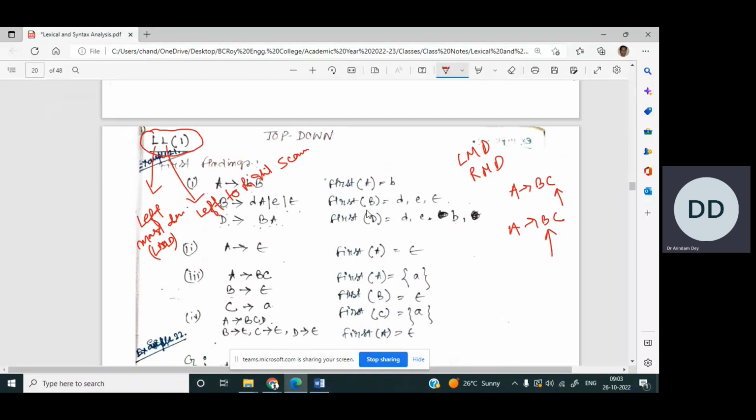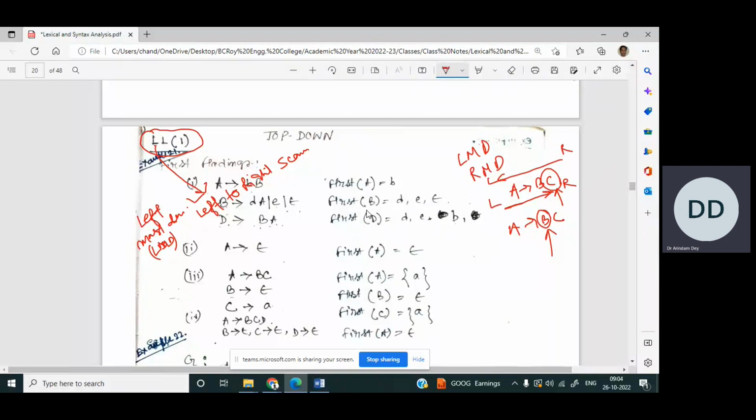The first L actually means left to right scan, and the second L is the leftmost derivation. Left to right scan means if a grammar is given and I am scanning from left to right, that is called left to right scanning. If I am scanning from right to left, that is called right to left scanning. LMD, I hope it is clear, means I am breaking the left variable. RMD means I am breaking the right variable.